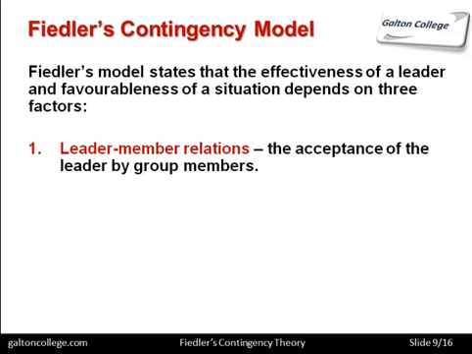Well, clearly a leader's effectiveness will be dependent upon the degree to which he or she inspires the followers, inspires the group members to follow and to do what's required, to do what's asked. If the group don't have confidence in the leader, or they're not motivated by the leader, they're not inspired by the leader, that relationship may break down. And of course, therefore, the effectiveness of the leader will be in question.